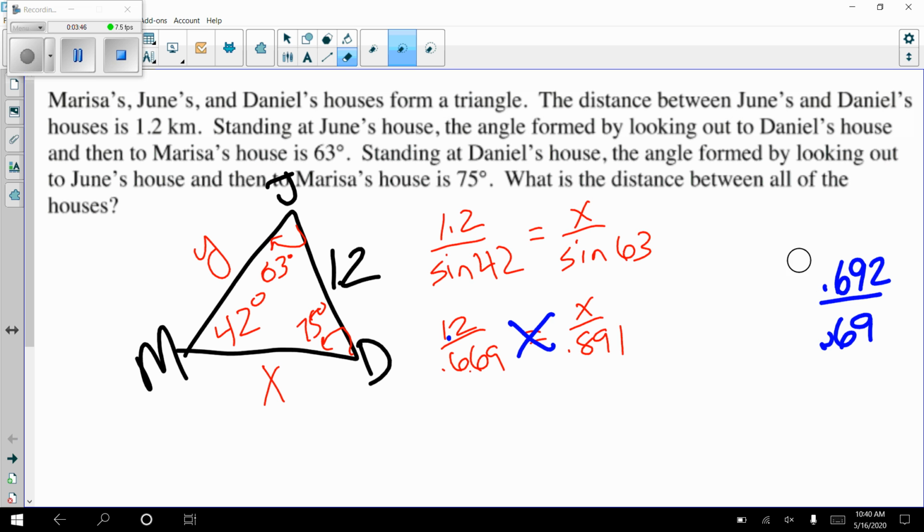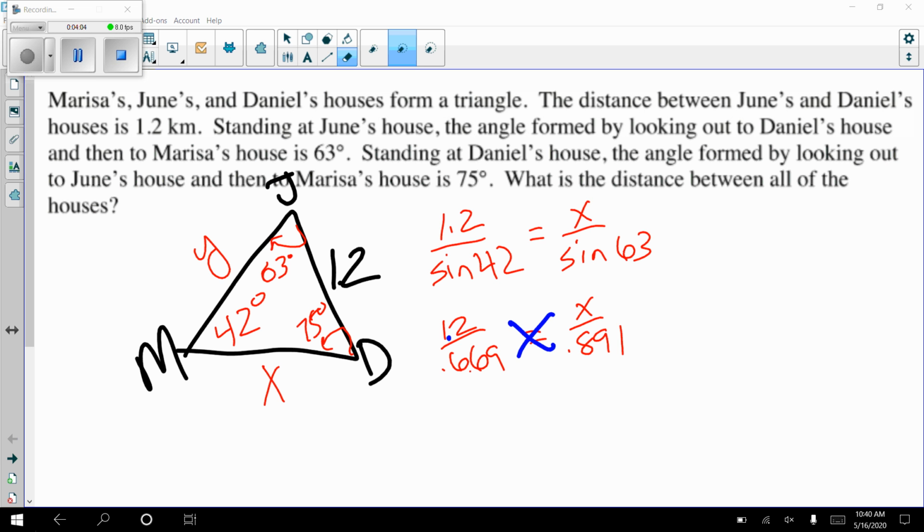I'll just do this on my phone calculator so I'm not constantly going back and forth. So we need to do 1.2, I almost did it again, 1.2 times 0.891.